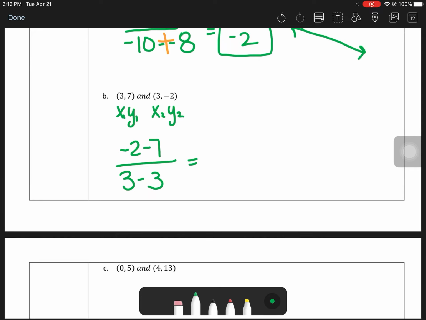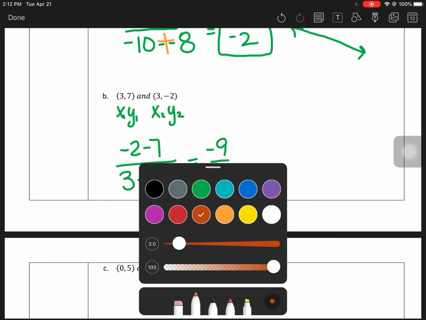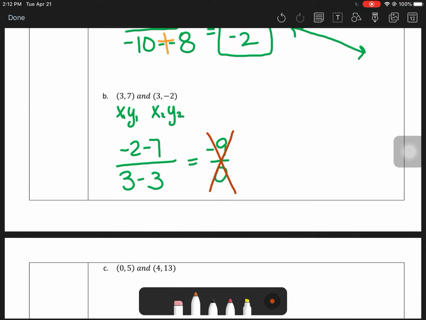So negative 2 take away 7 is negative 9 divided by 0. Well, remember, we can't divide by 0. So since we can't divide by 0, that's going to be undefined. And remember, an undefined slope is a vertical line.